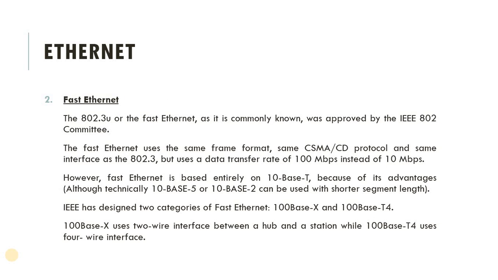Next is fast Ethernet. The 802.3u, the fast Ethernet as it's commonly known, was approved by the IEEE 802 committee. Fast Ethernet uses the same frame formats, same CSMA/CD protocol and same interface as 802.3, but uses a data transfer rate of 100 Mbps instead of 10 Mbps.